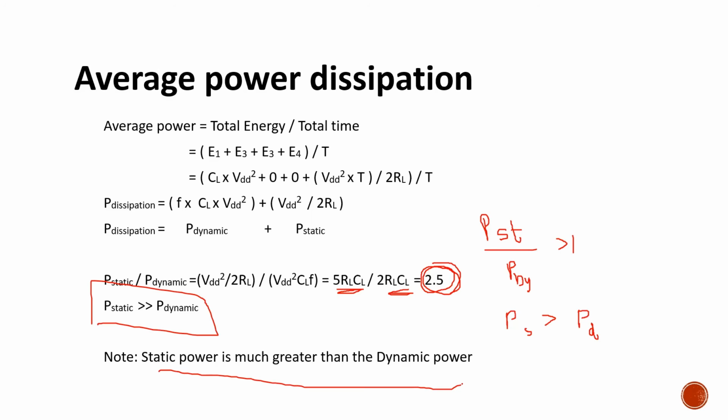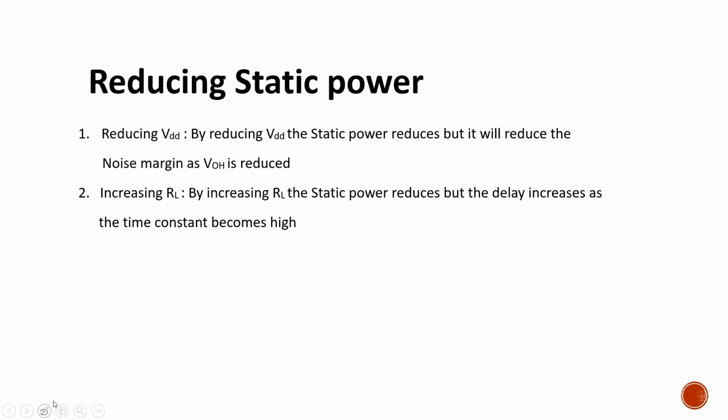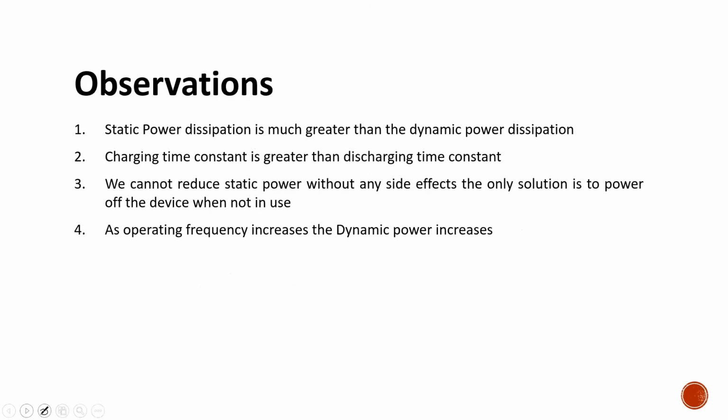Whenever you go to CMOS, you don't get any static power. You can see even some possibilities, like reducing the VDD or increasing the RL. We don't take these two options as they affect some other parameters. Hence, we go for changing the technology to CMOS.